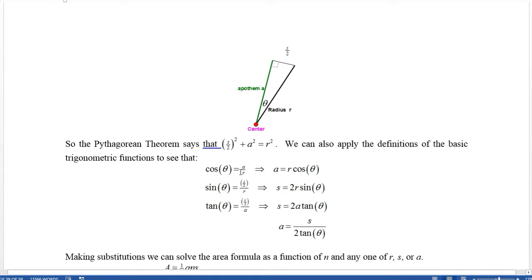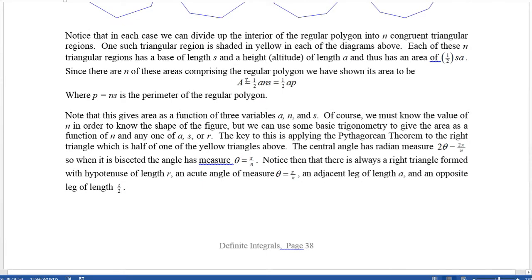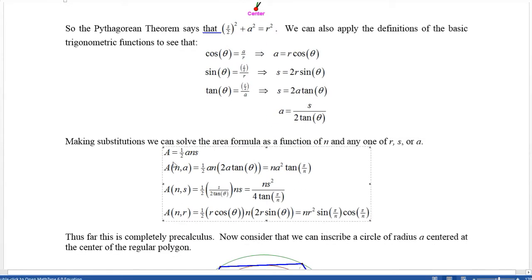Now with these things and the fact that theta equals pi over n in radians, we can take those and put them in this formula, A equals 1/2 ans. So let's see how that works out. Here we have A equals 1/2 ans, and we can replace the S by 2A tan theta, the third line. S equals 2A tan theta.